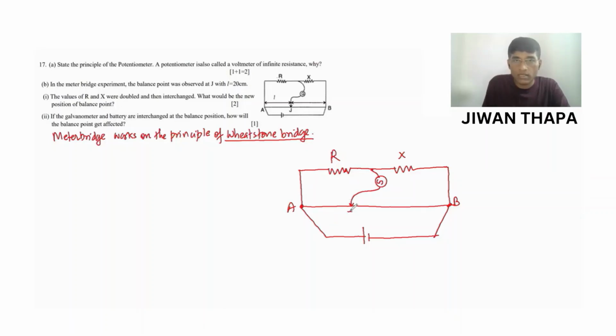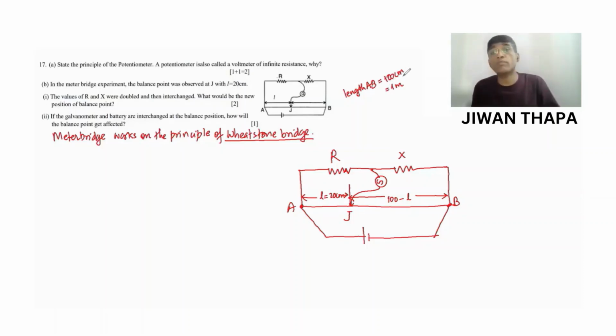This is jockey J, this length is L, and L equals 20 centimeter, and the remaining length is 100 minus L in CGS system, because we know length AB equals 100 centimeter or 1 meter.